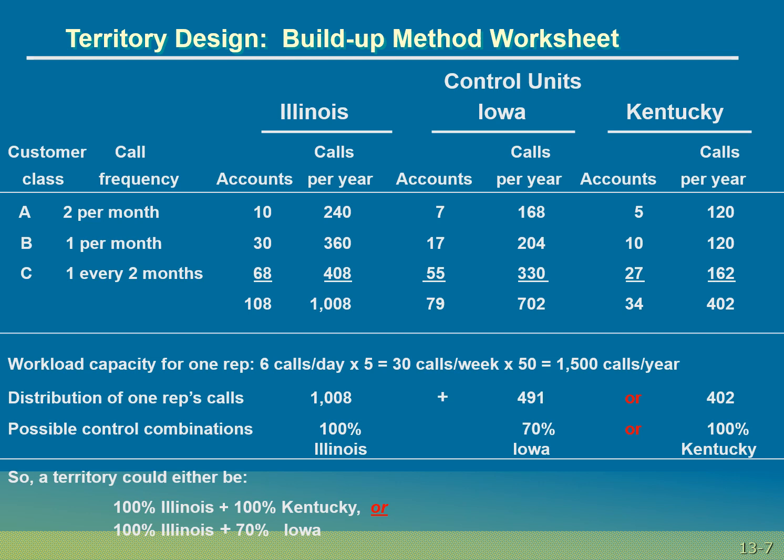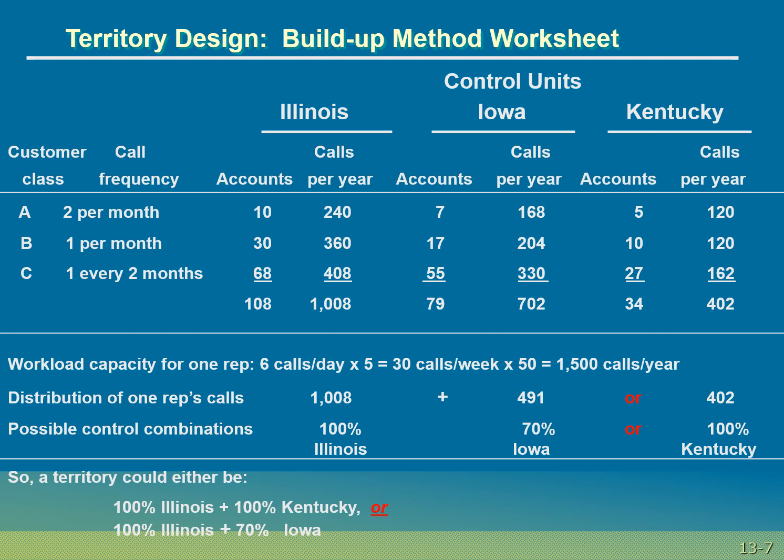You have 10 customers in the state of Illinois belonging to type A, 30 belonging to type B, and 68 belonging to type C. Okay? For type A in Illinois, you need to pay a type A visit 2 times per month, so 2 times 10 times 12 months, you get 240 calls per year.